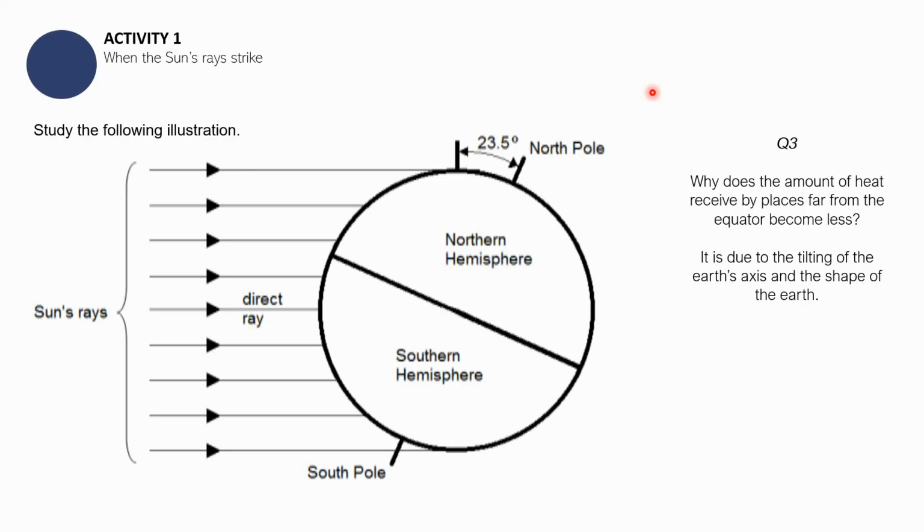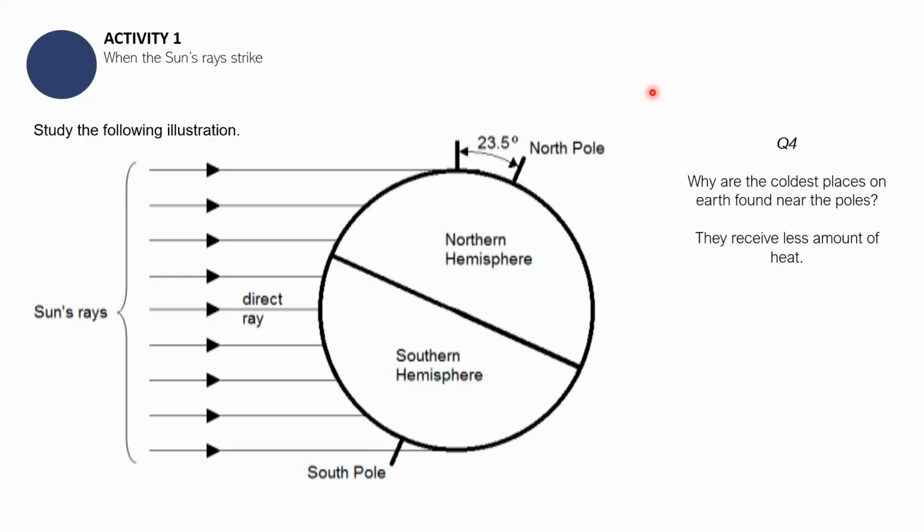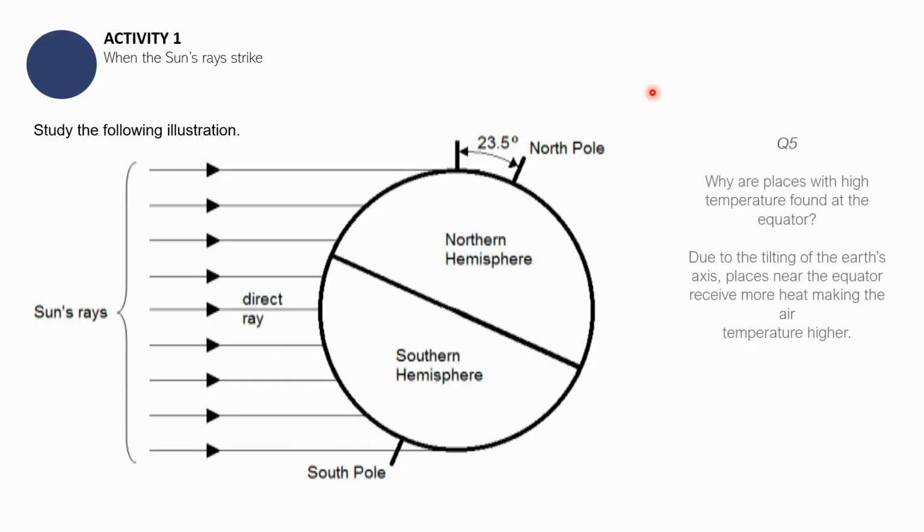So those are the 2 things that you need to remember. The answer to question number 4 is they receive less amount of thermal energy or of heat. They are receiving less.